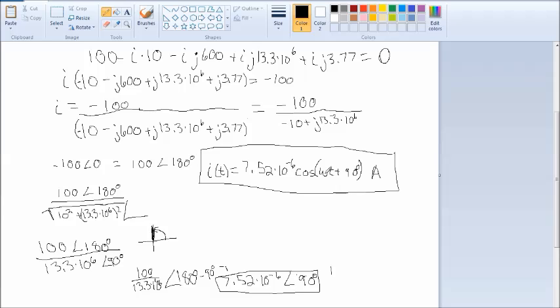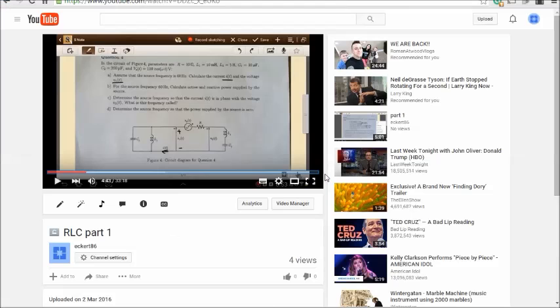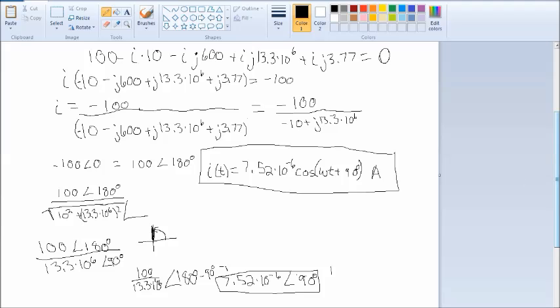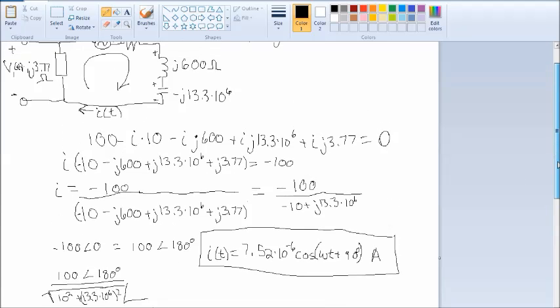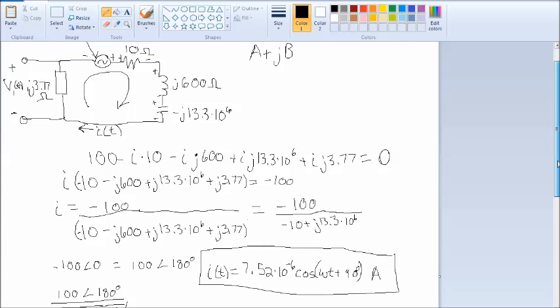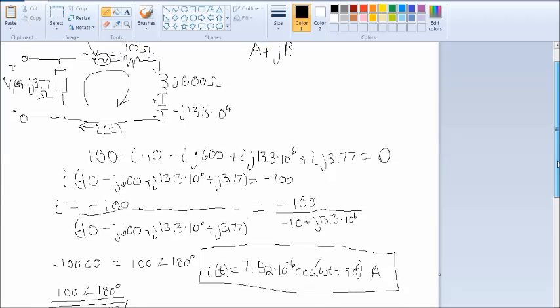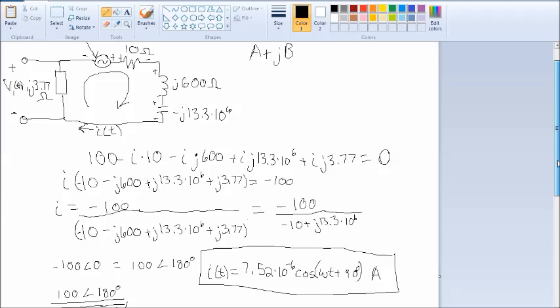And I'd write 2 pi 60 for omega, because our frequency didn't change. So we got the current. What's the other part of A? The voltage V1 of t. So since I've taken so much time on this, I'm not going to get too far in that. But I'm going to let you handle that part, and just think of Ohm's law.